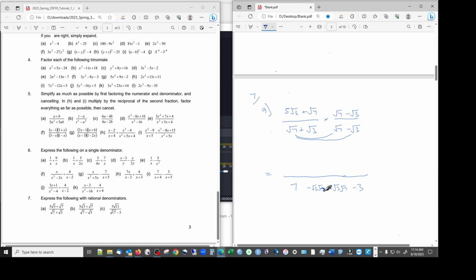So these are minus apples and plus apples, so we've managed to rationalise 7 minus 3. The denominator has 4 on the bottom. So that's the purpose of the rationalising of the denominator.